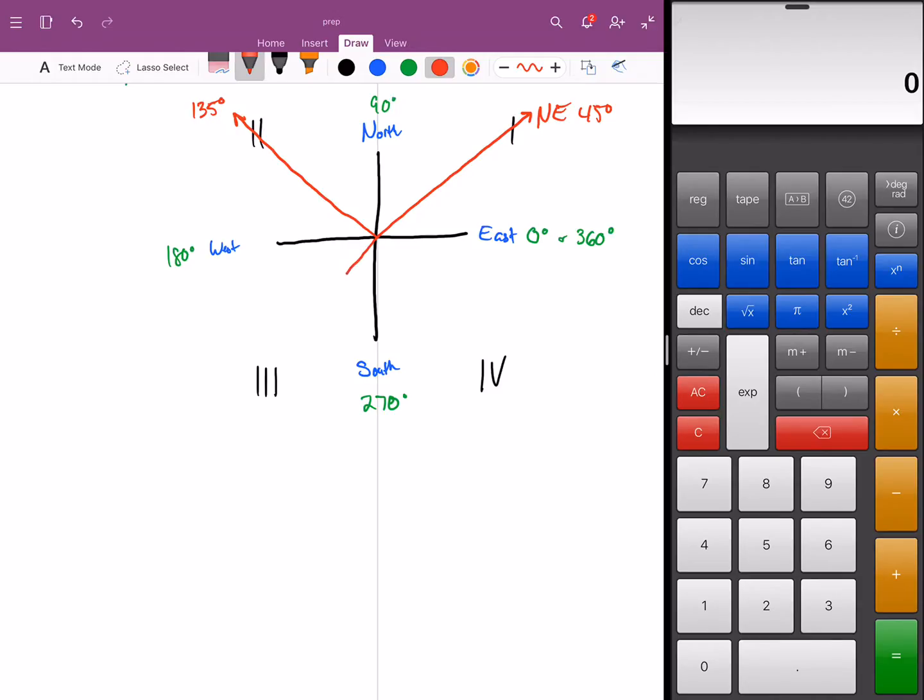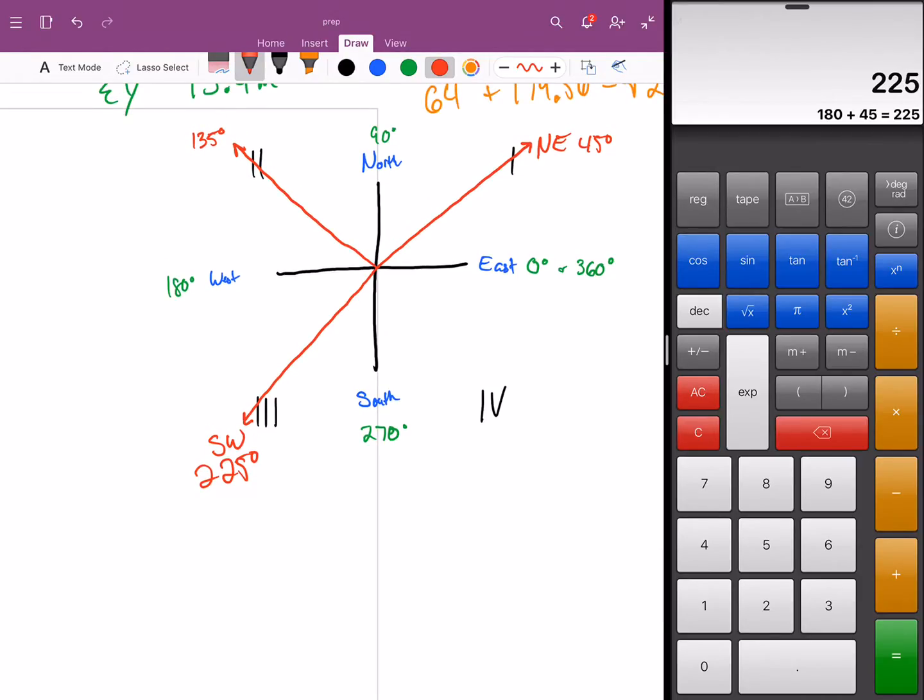Then we've heard of southwest, middle of 180 and 270. That's, I believe it's 225. Let me make sure. Yes, 225. Southwest, 225.